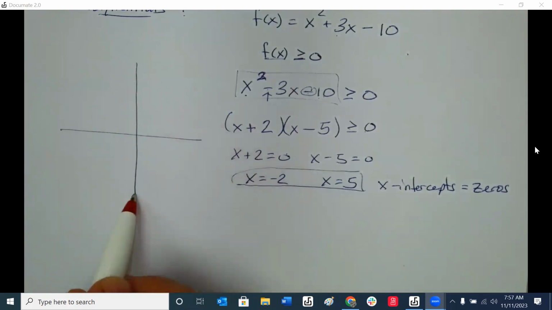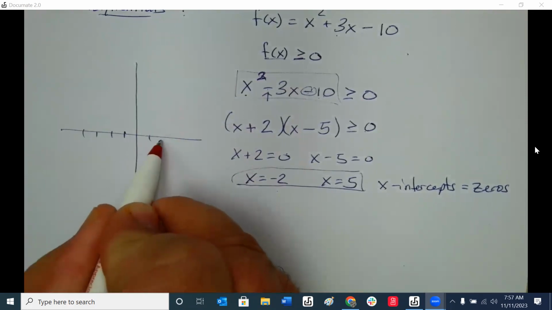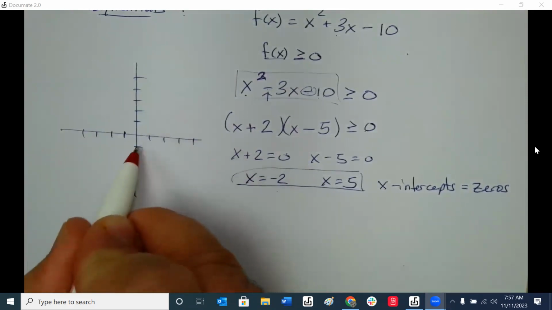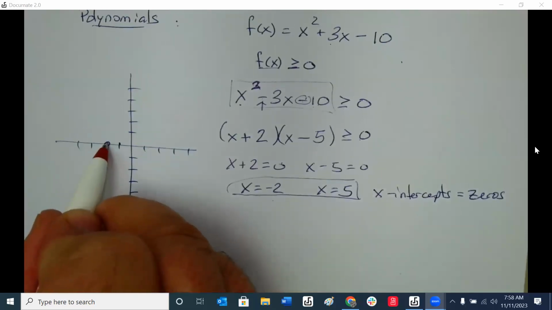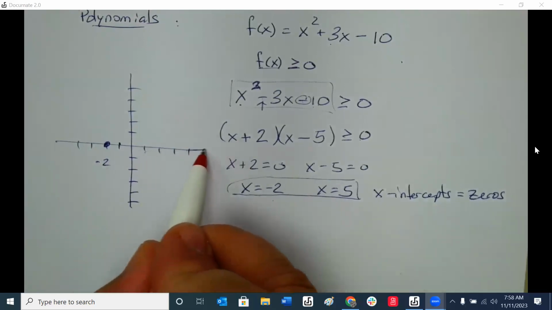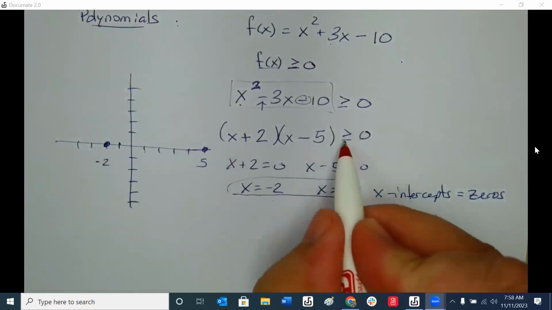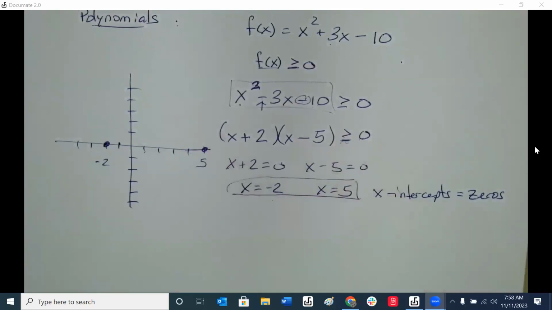So our graph will look like this. x is negative 2, and x is 5. They're solid dots because we can include them. If this line wasn't underneath, then I'd have open circles there.